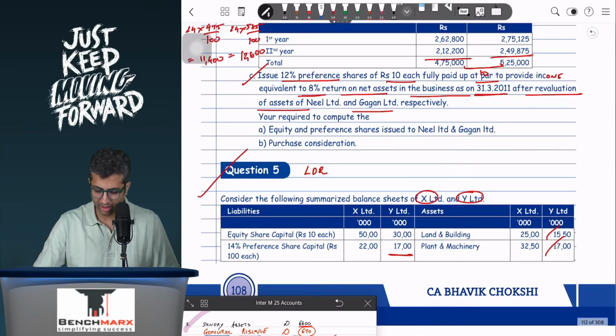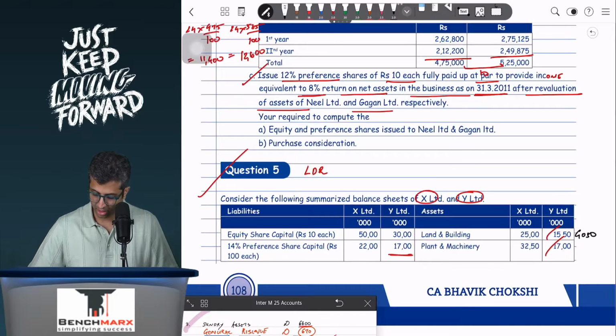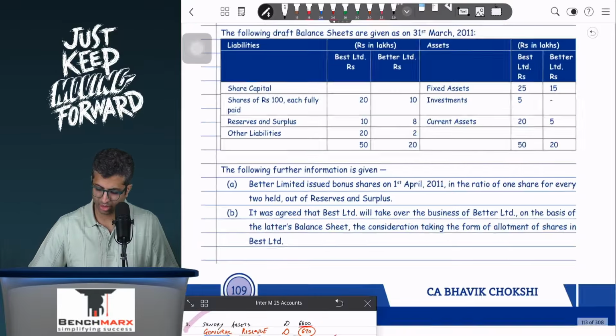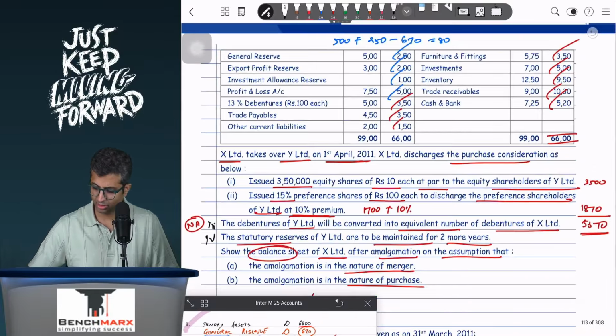Now if you look at amalgamation in nature of merger, your balance sheet would be, well, land and building will be 4050, plant and machinery 3250 plus 1700, 4950, furniture will be 575 and 350, 925, 700, 500, 1200, 1250, 950, 2200, 900 and 1030.